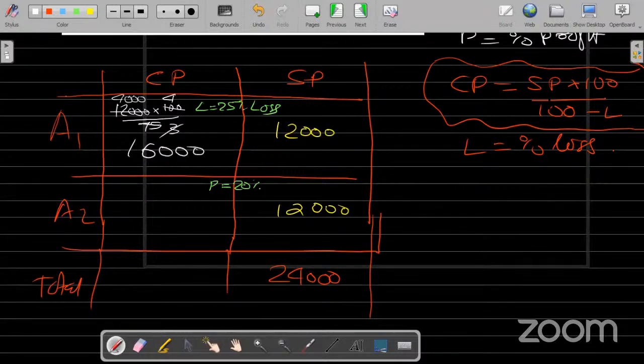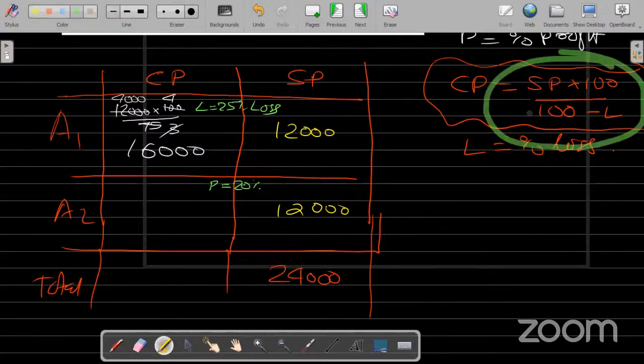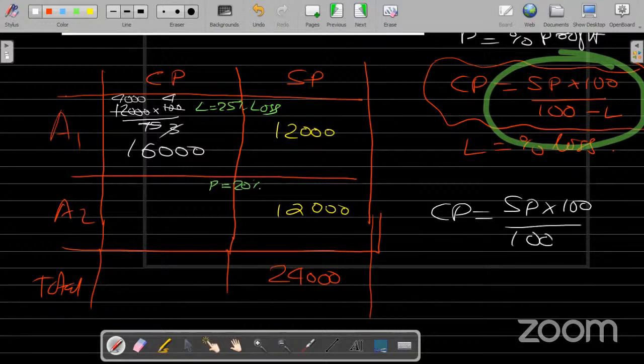I utilized the formula SP into 100 by 100 minus L. SP is 12,000, L is 25% loss. Now the other one is a profit, so I'll use the formula cost price equals SP into 100 by 100 plus P. Here P is 20%.